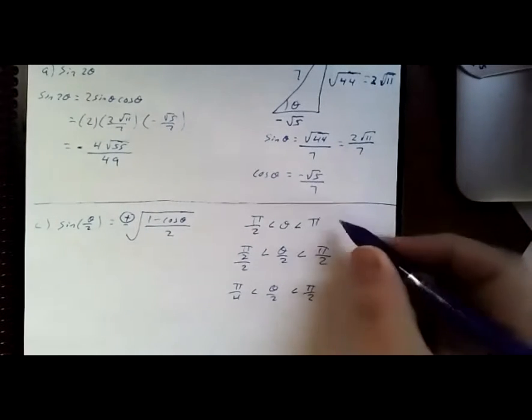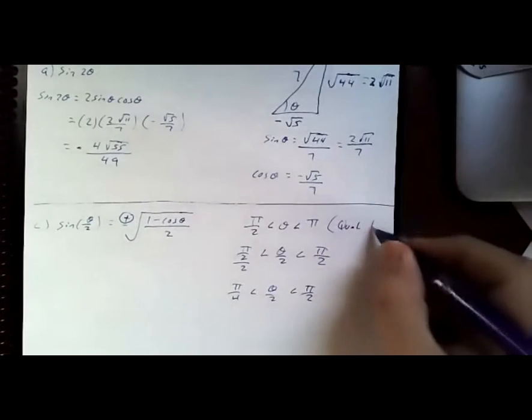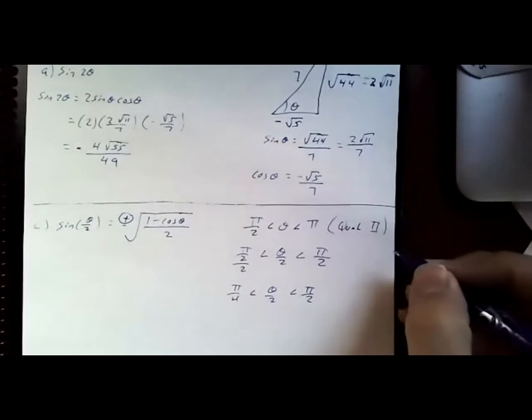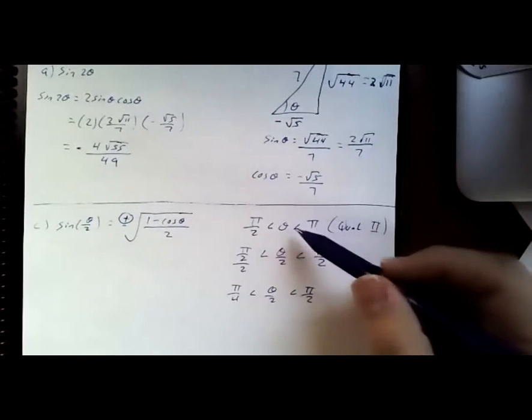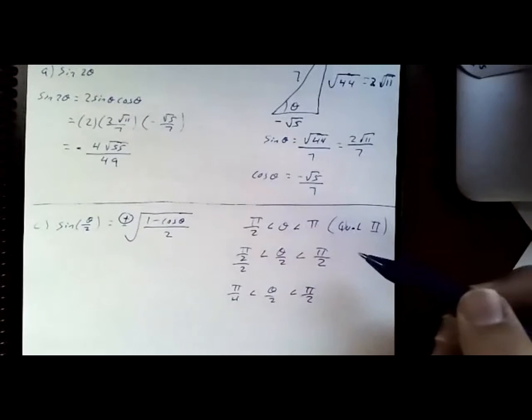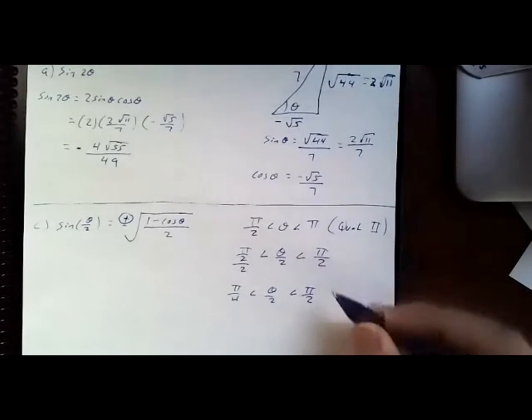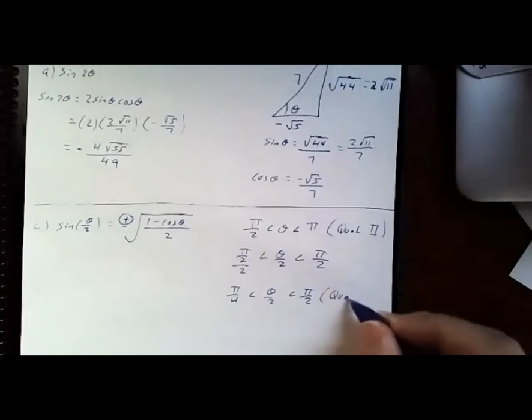I'm looking for theta in quadrant 2 and I don't see it, and that's what's confusing me. Theta just means some angle. The angle is somewhere between here, and half the angle is somewhere between here.